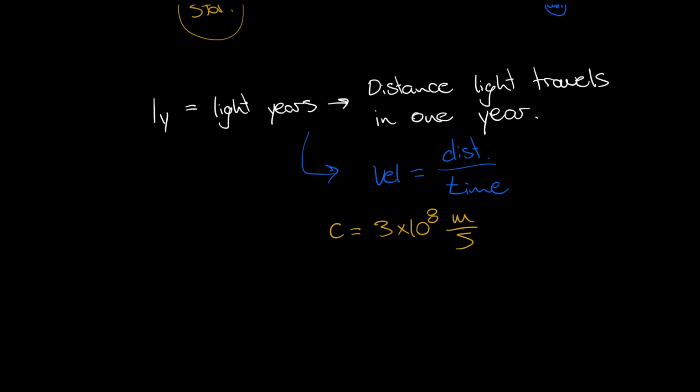And 1 year is equal to, oh man, how many seconds? So we have 60 seconds per 1 minute. We have 60 minutes per 1 hour. I'm doing this because minutes here cancels with minutes here.